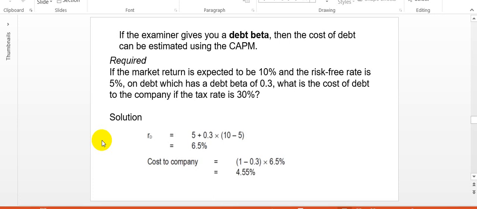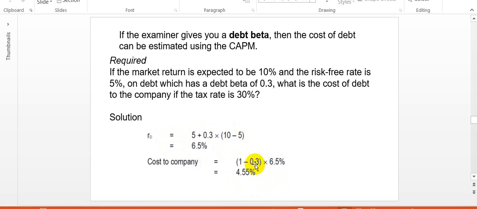It's the same CAPM formula. What changes is simply your KD changes to RD, or KD. Then you substitute your risk-free rate, your debt beta, and you compute your premium, and you get the cost of debt as 6.5%.